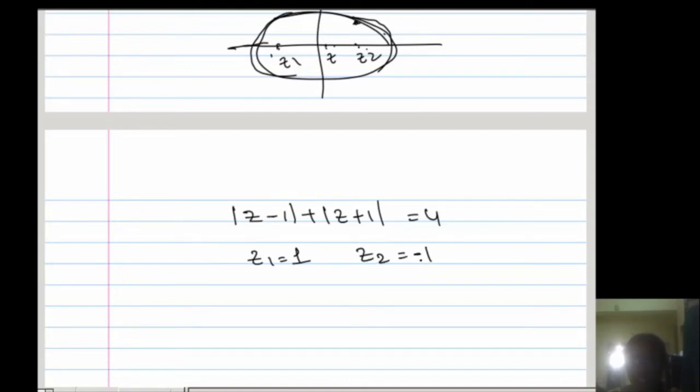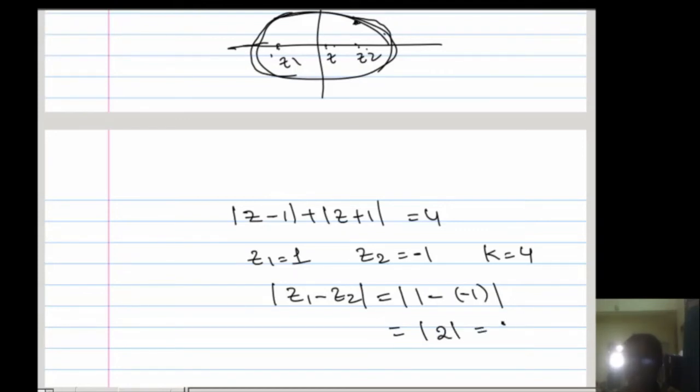Minus 1. So now what is mod z1 minus z2? Let us see. k is equal to 4 here. So mod z1 minus z2 means 1 minus of minus 1. It represents 1 plus 1, which is nothing but 2.